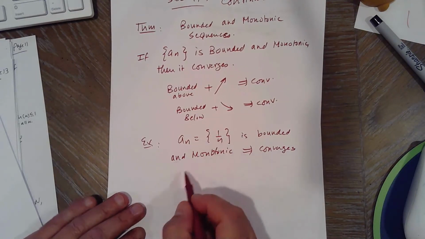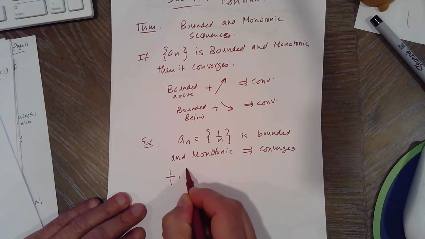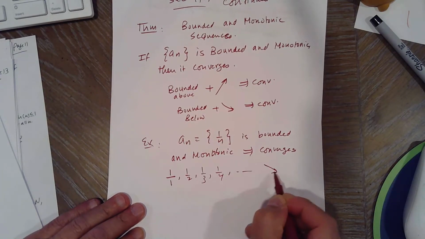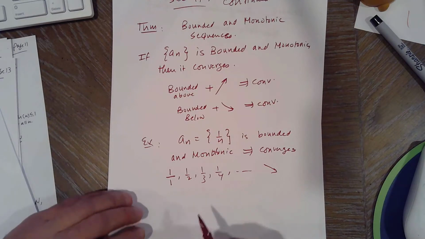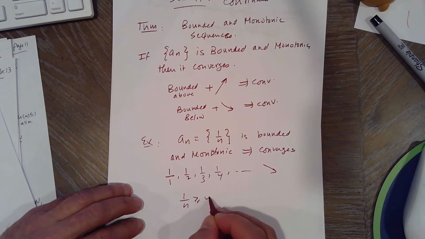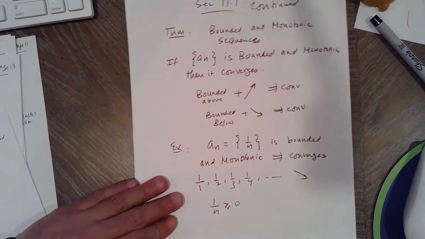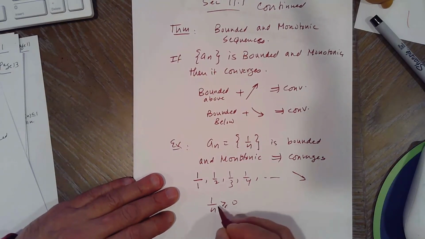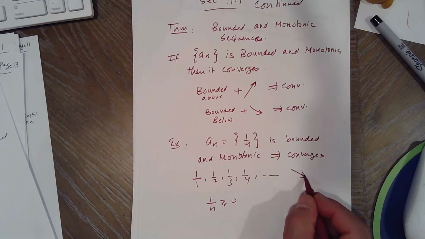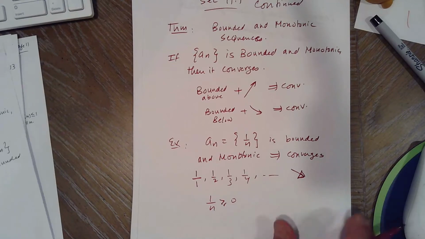You can see 1 over n is 1 over 1, 1 over 2, 1 over 3, so it's monotonic decreasing. It's bounded below because 1 over n is greater or equal to 0. So it's bounded below and decreasing, so it is convergent.